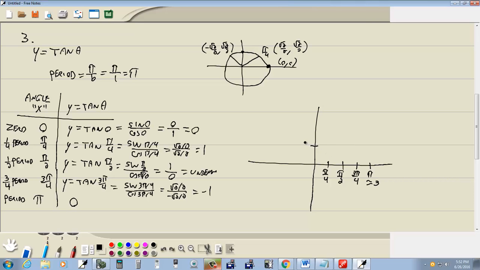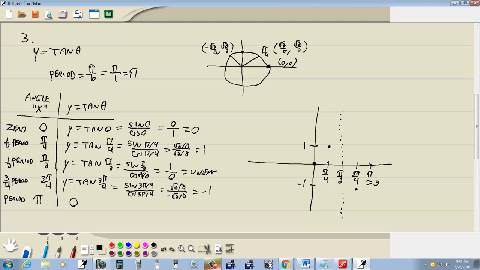So more or less, I'll put a 1 here, and I'll put a negative 1 down here. Now my first point is 0, 0, right there. Next one's pi over 4 and 1, right there. And it's undefined at pi over 2. And then 3 pi over 4 is negative 1, down here.